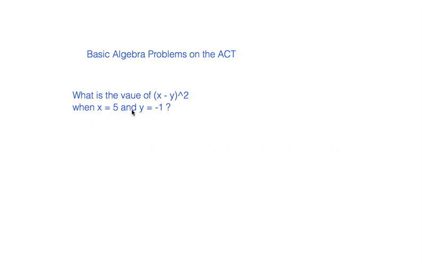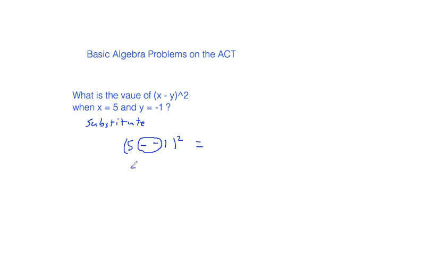y is -1? Well, this problem is simply a matter of substituting in the values. So substitute in, and you'd have 5 minus -1 squared. Now, right there is where they probably expect you to make a mistake.